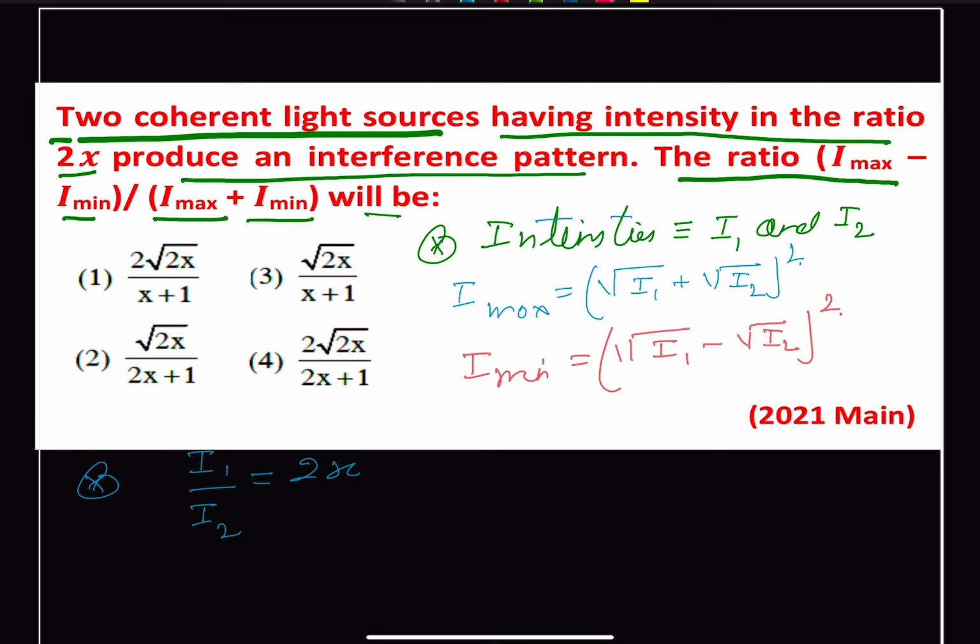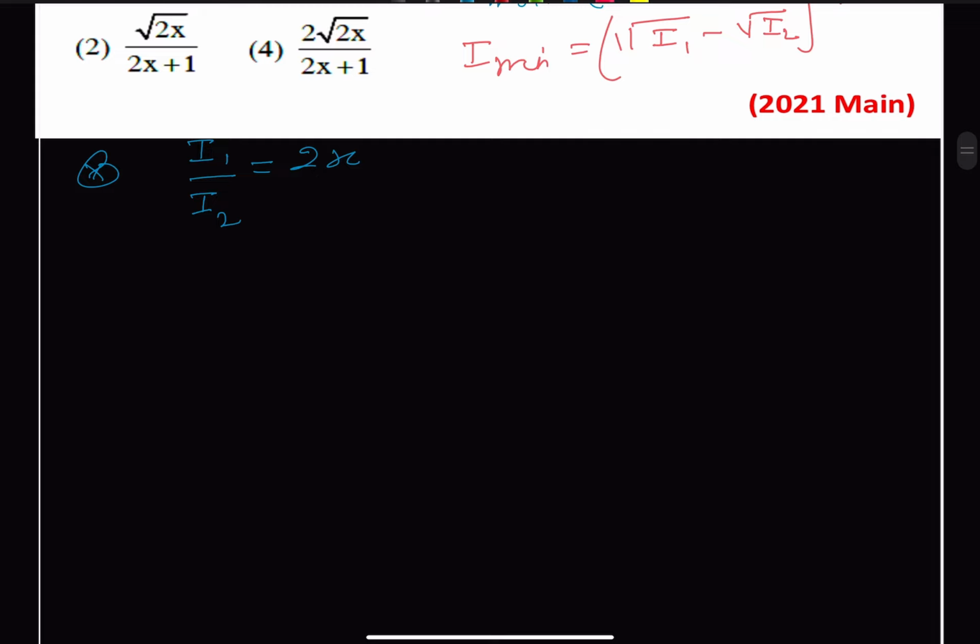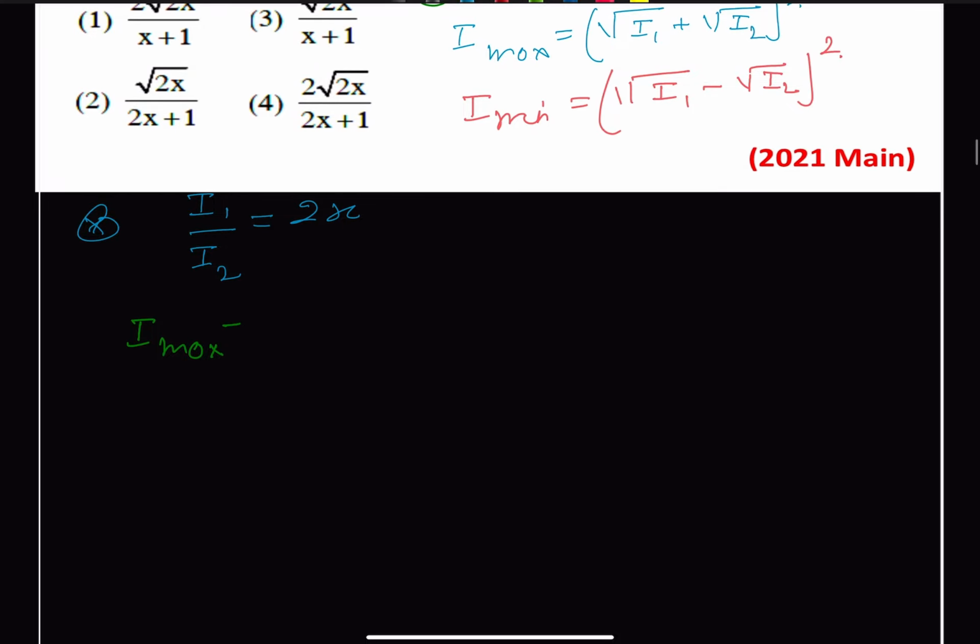So we can directly use the formula for I max minus I min divided by I max plus I min.